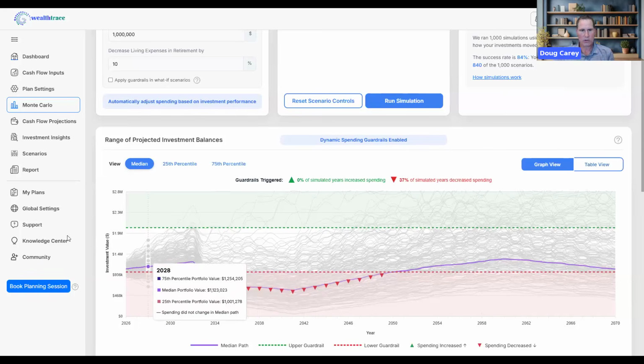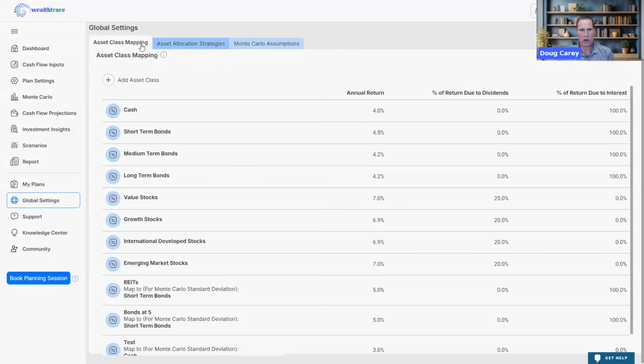You go to your global settings and your asset class mapping. These are the returns, and you can change them right here. These are the defaults. You can go in here, change them to whatever you want, and it will populate throughout your holdings in the software. So if you want to take a stance that returns will be lower going forward, this is one way to do it.